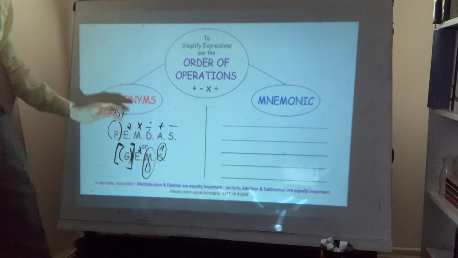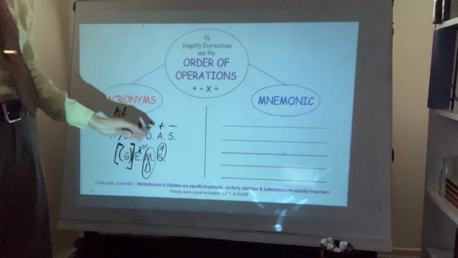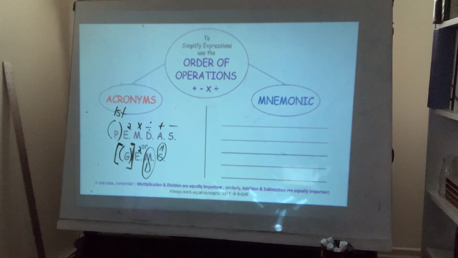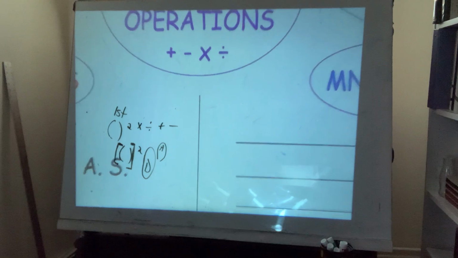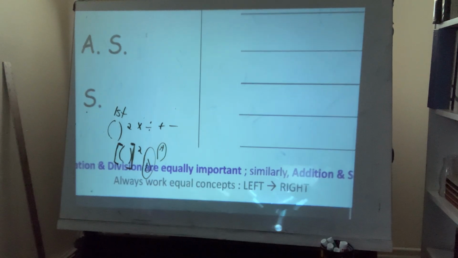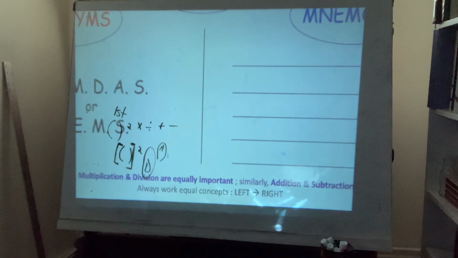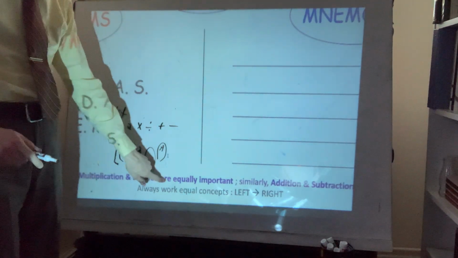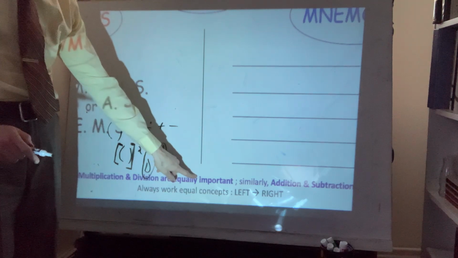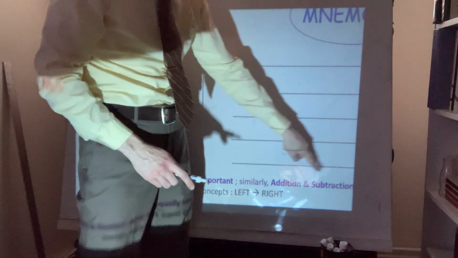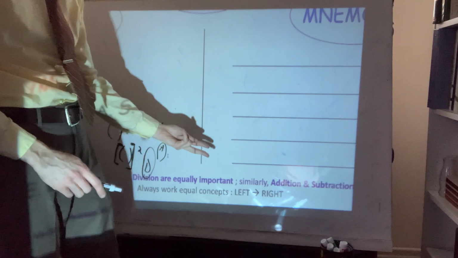There's nothing wrong with it, except that one thing that really must be turbocharged, super clear, is what I wrote here at the bottom. Multiplication and division are equally important. And similarly, addition and subtraction are equally important.